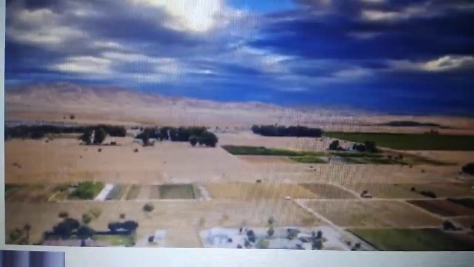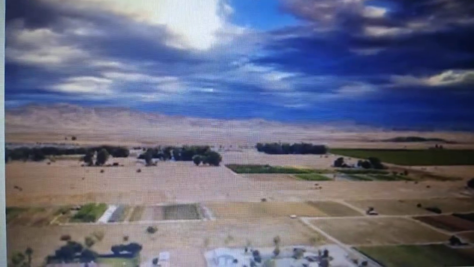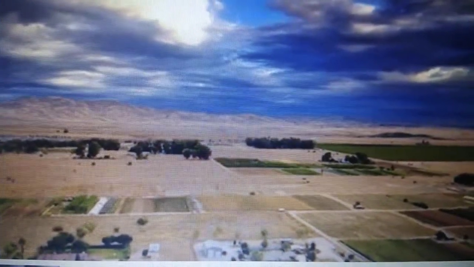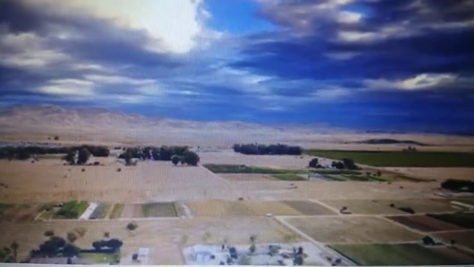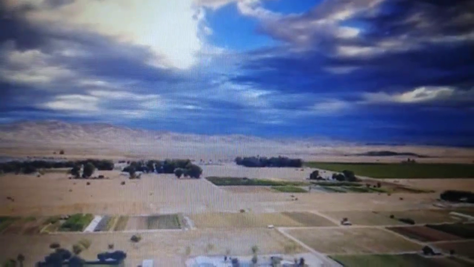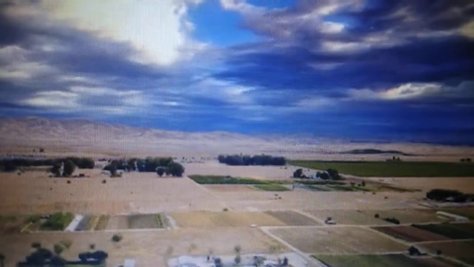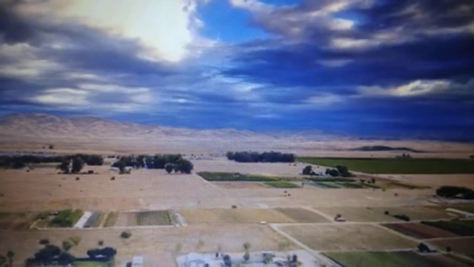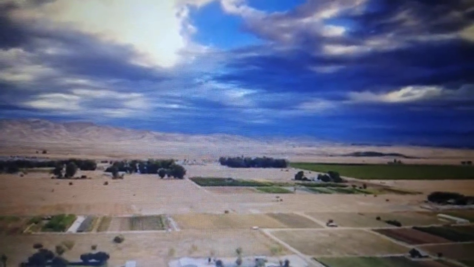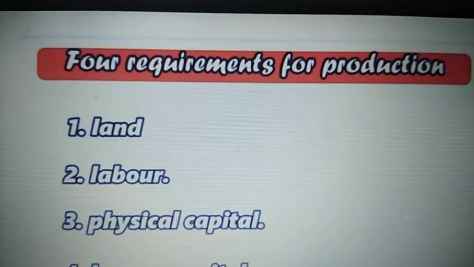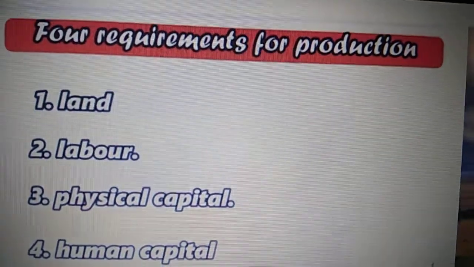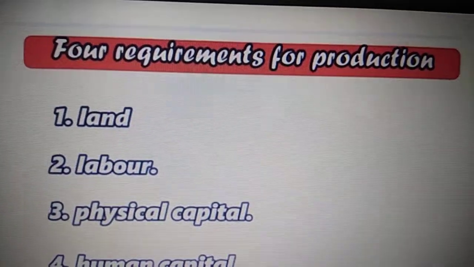And along with land, you need other natural resources like water, minerals, forest, from where you can get other things that suit your kind of production. Even if you are doing farming, land is required, water is required, soil quality is required. So land is one of the most important factors of production.